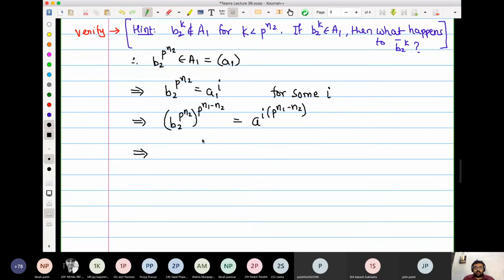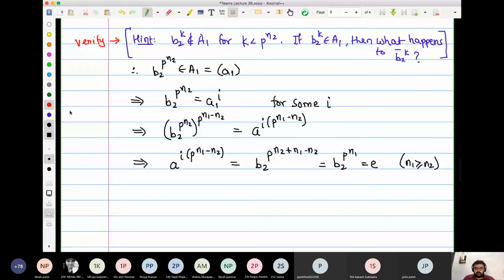N2 gets cancelled, so this is B2 power P power N1. And this is identity because N1 is greater than N2.